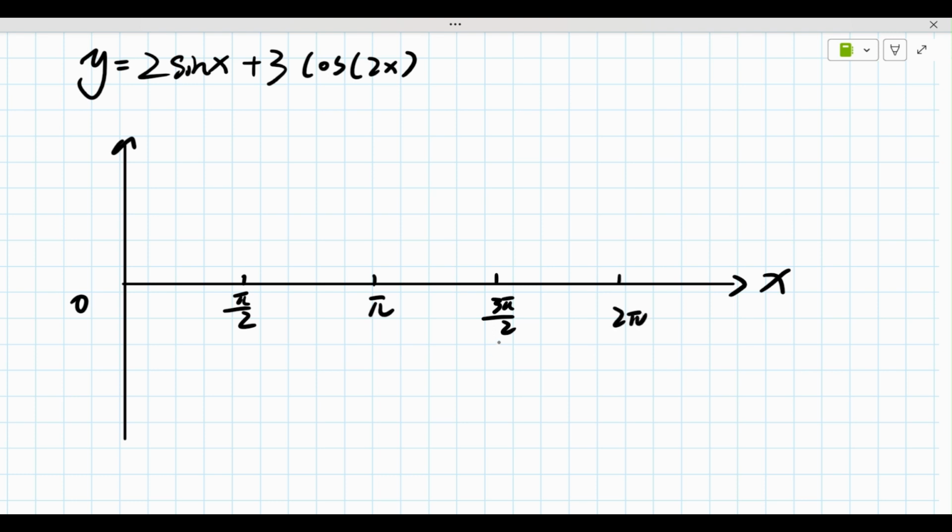Okay, once we know these, I can graph with different colors. I'm using purple for graphing 2 sine x.